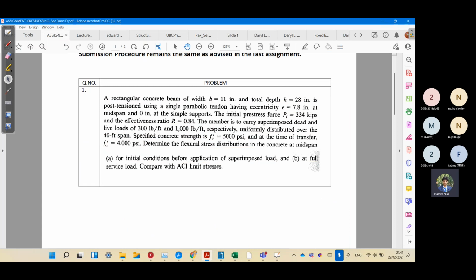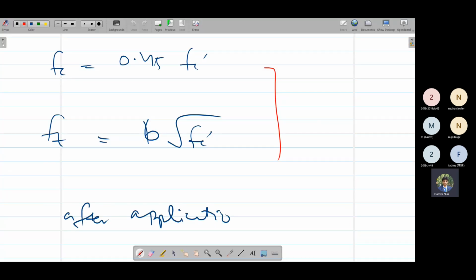After calculation of these four stresses, we have to check them. If they are lying within these values, then our stresses are okay. Otherwise, we have to revise. In the field, if they are doing that, then we have to revise there. Actually, the numerical is finished here.